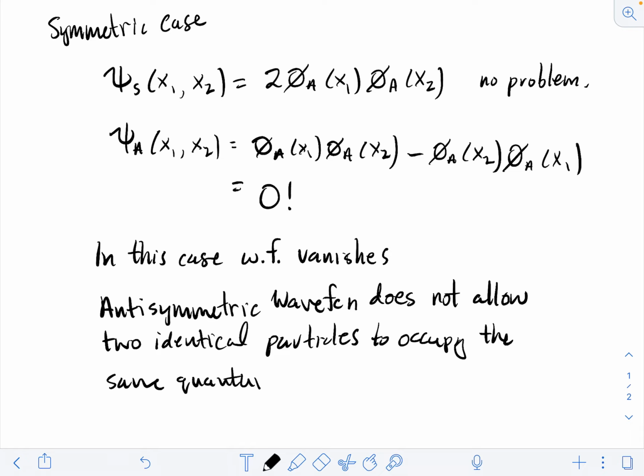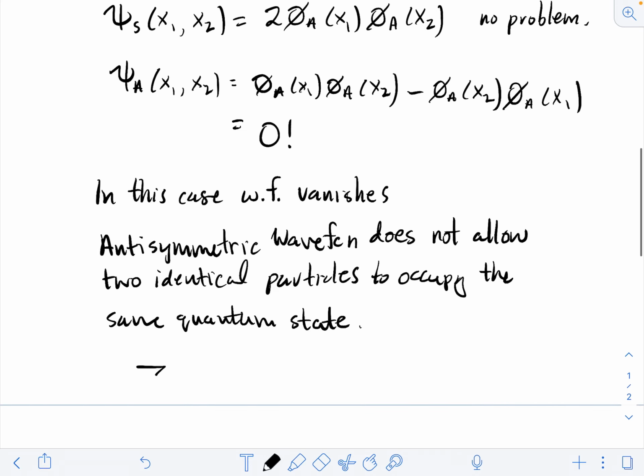This is kind of an elegant argument of a pretty profound principle, and this is called the Pauli exclusion principle.